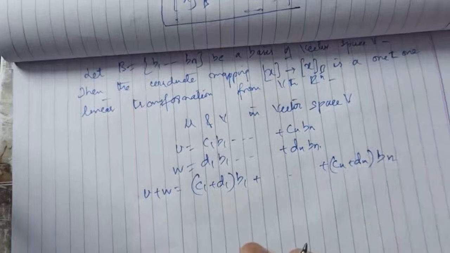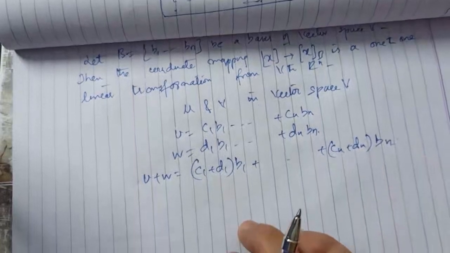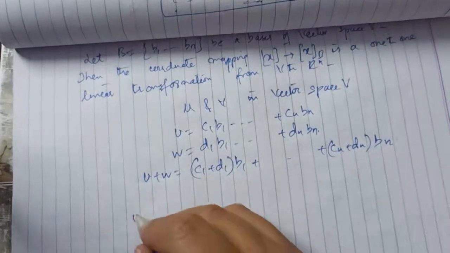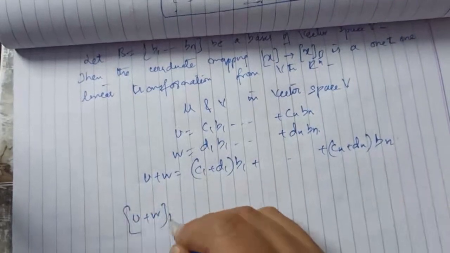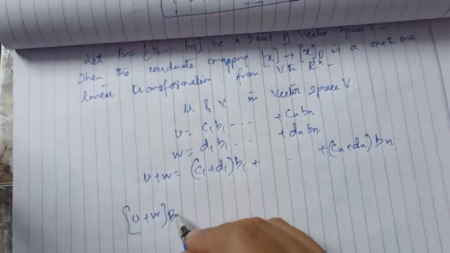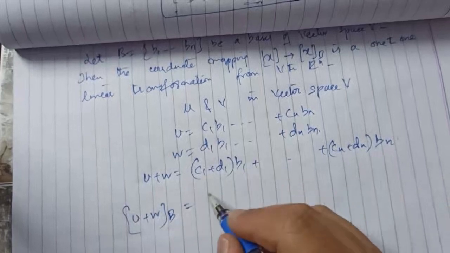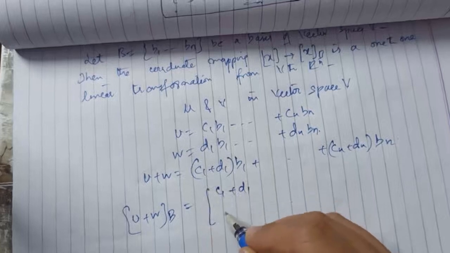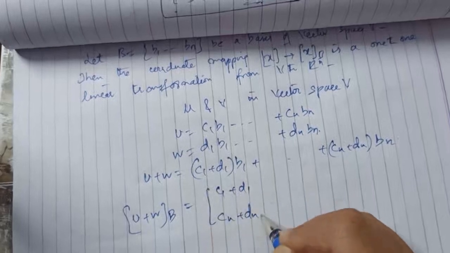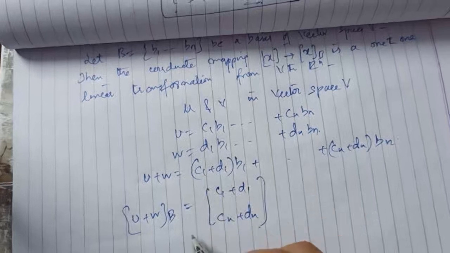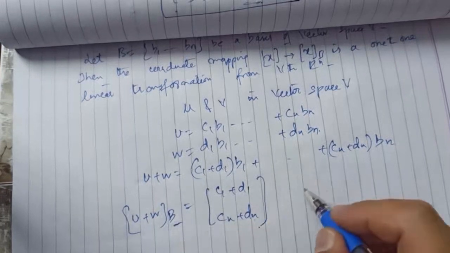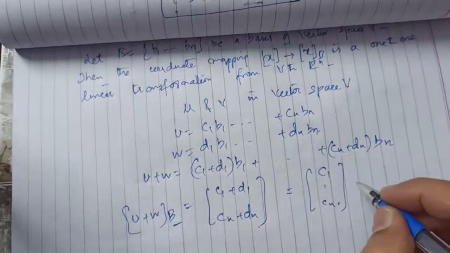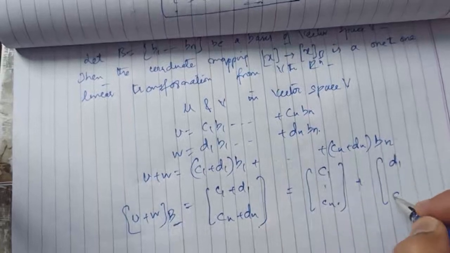Okay, right, so from that concept, you can say that [u+w]_B, with respect to B, is equal to (c1 plus d1) up to (cn plus dn), which can be written as c1 up to cn plus d1 up to dn.